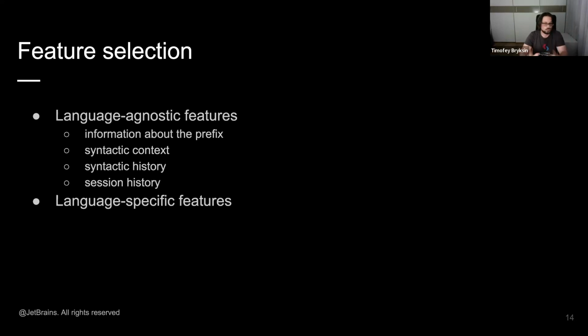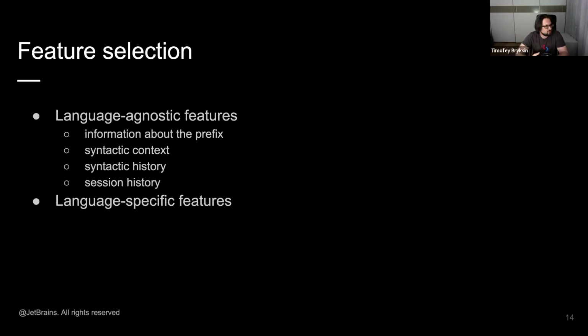So these are language-agnostic features, and you can see that they describe a lot about the completion session. But still, there are language-specific features that depend on the language grammar. For example, how far it is from the init method in Python or something like this.